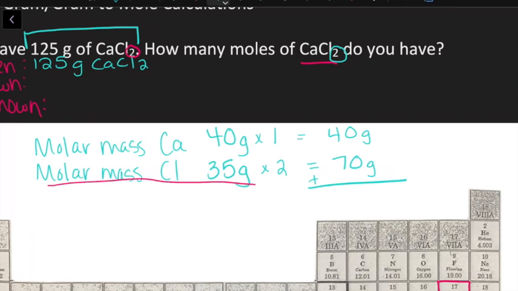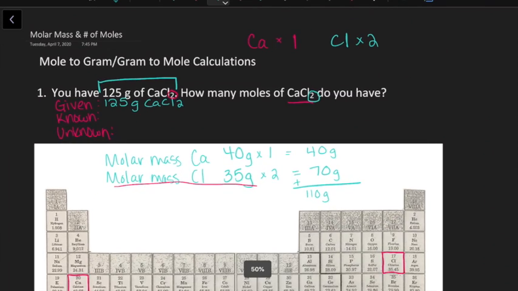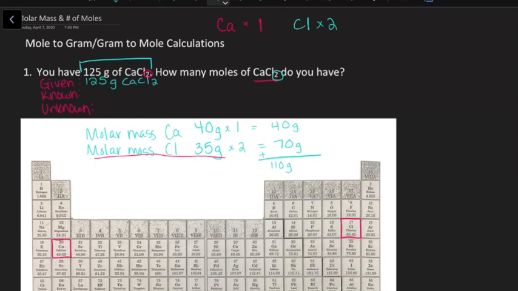Alright, then take a calculator and add these up. You're going to get 110 grams. So in 1 mole of CaCl2, it will always have 110 grams. And that's just adding the masses together to get an average mass.